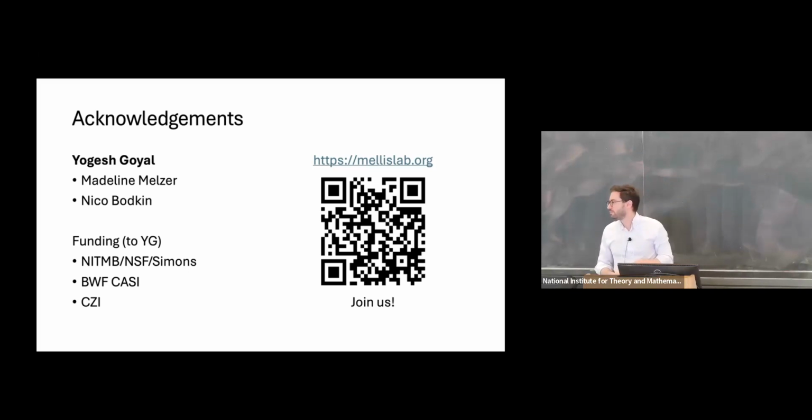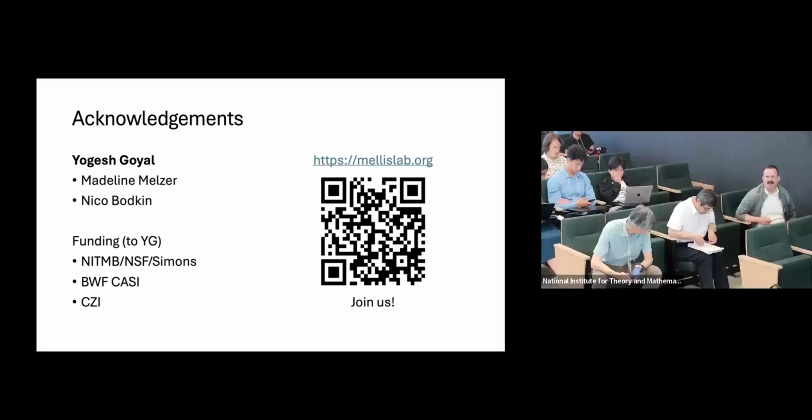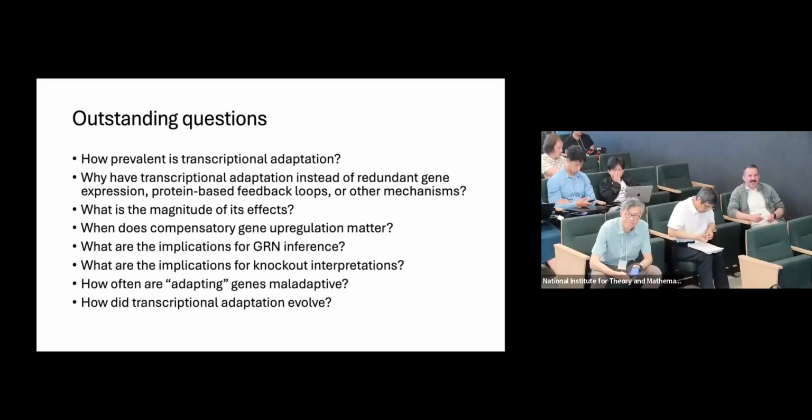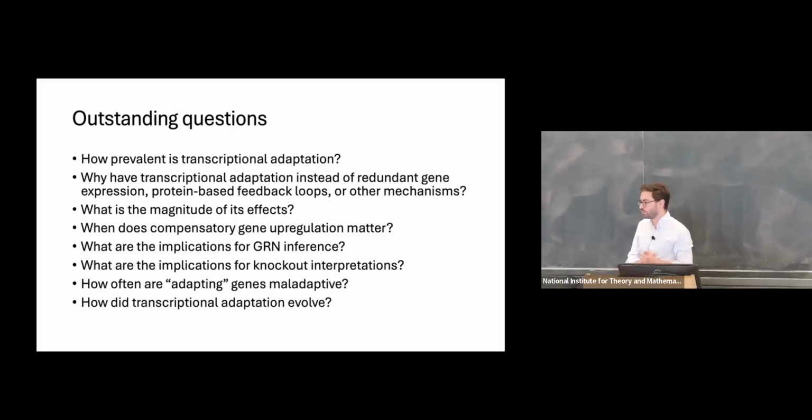Well, I was just going to ask, you can assess this for the things that are direct paralogs, because then you sort of know where to look. But what about off-target TA? How much circumstantial homology is there out there? We are very interested in that question. What are the targeting rules? It's not just paralogs. In the original papers, they actually used any blasted subsequence as a search function for genes that might be affected by transcriptional adaptation.